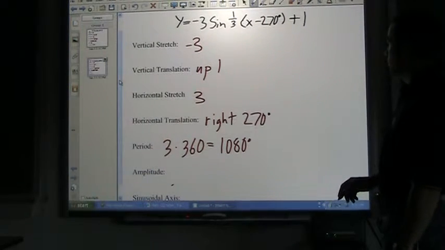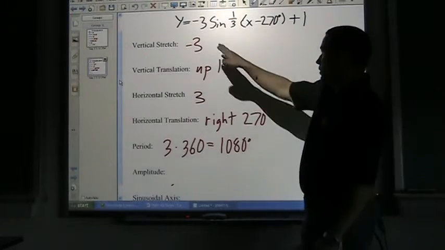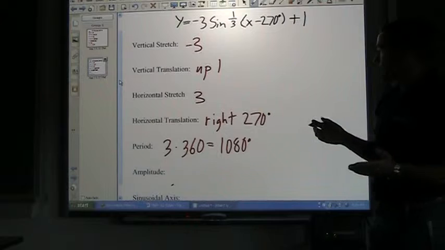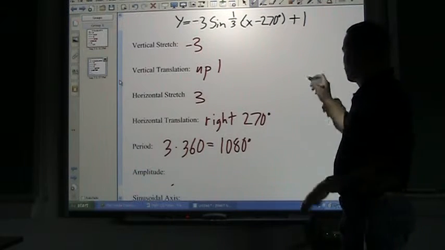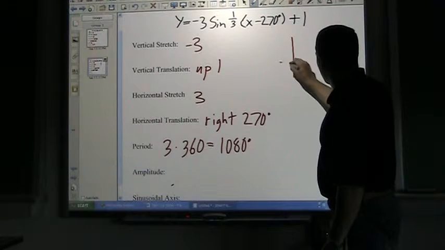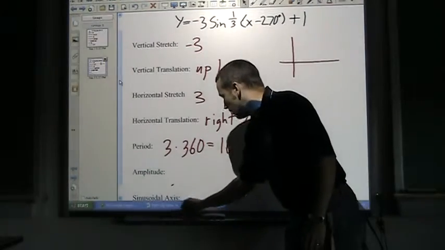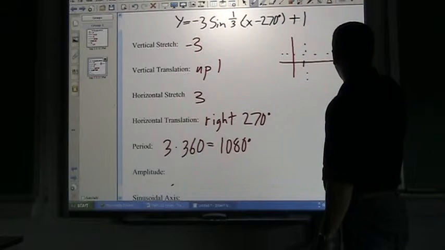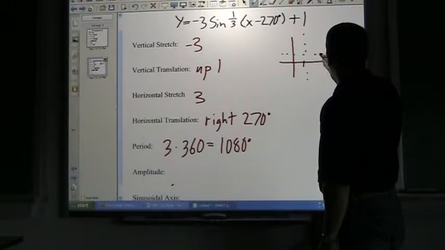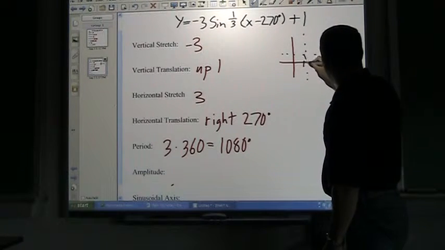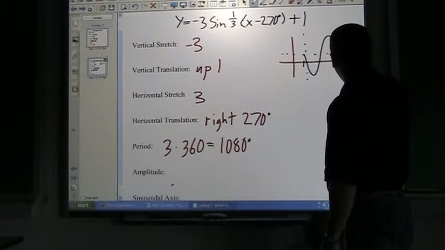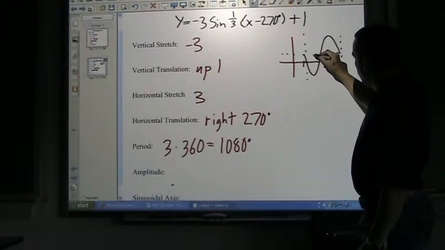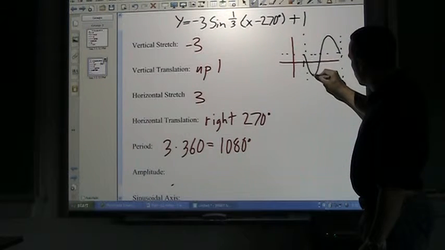The amplitude. Right here, I have a -3. And the amplitude talks about the graph in absolute terms. In other words, if I had my graph drawn on here and it looks like this, the amplitude refers to how far from the axis to the peak.